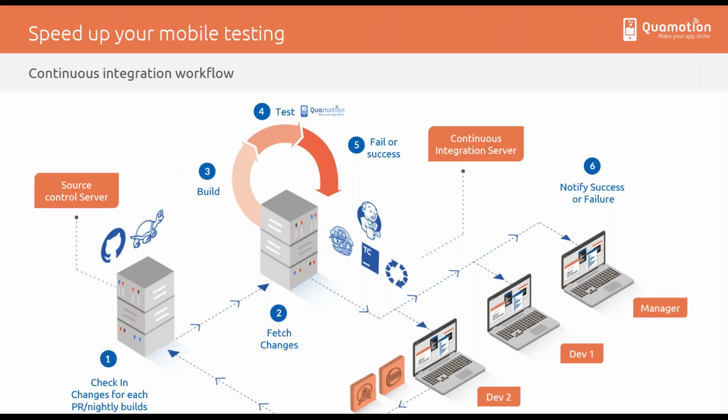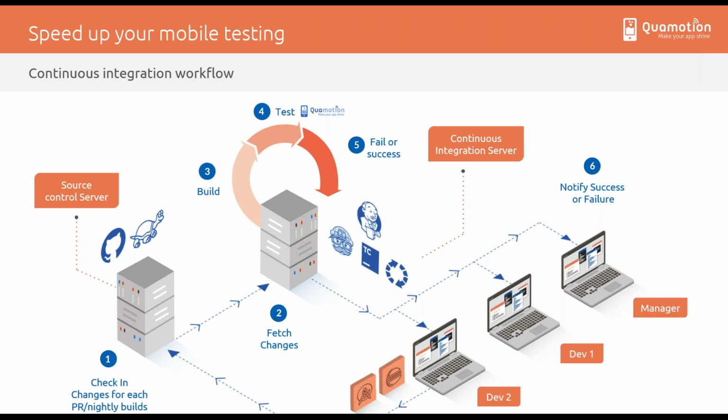So here, I think it is a good time to do a quick recap on how the continuous integration workflow works. This slide may be familiar for those who are already familiar with continuous integration, but here we will see where Quamotion fits into all these steps of the continuous integration workflow.